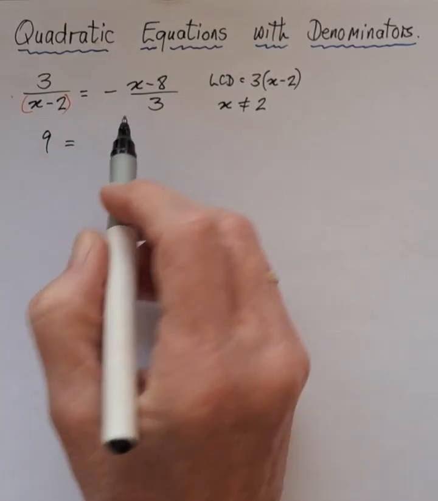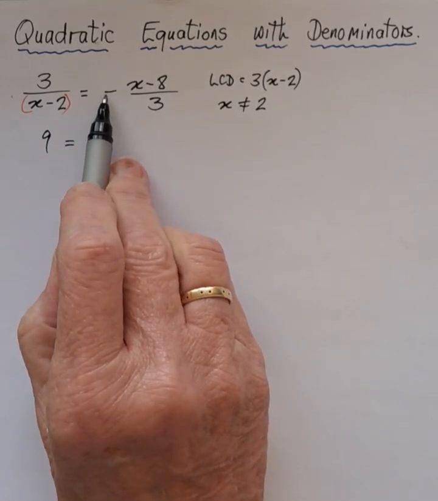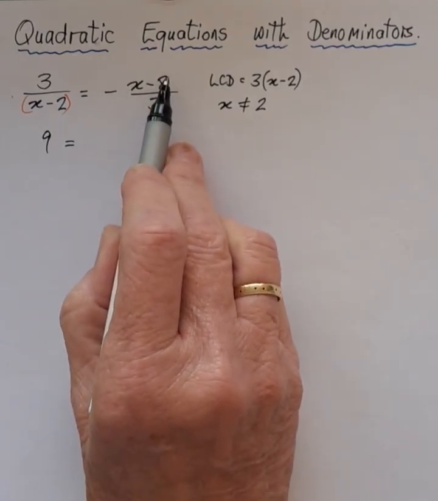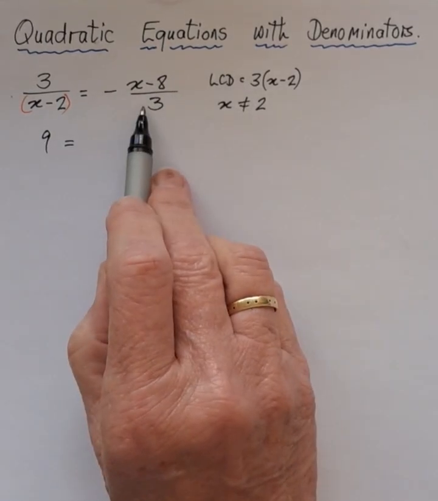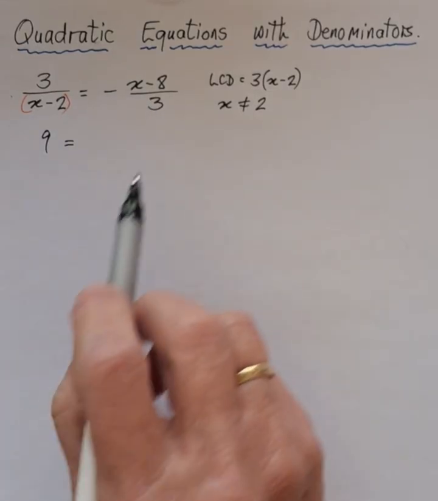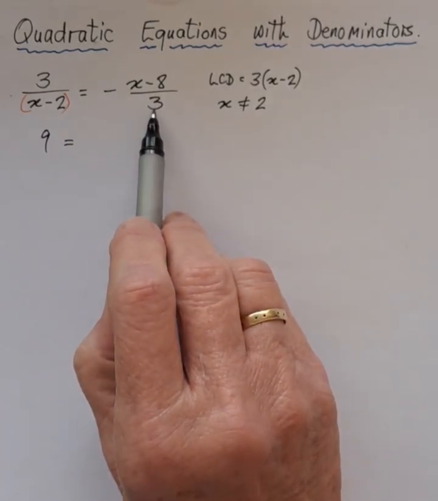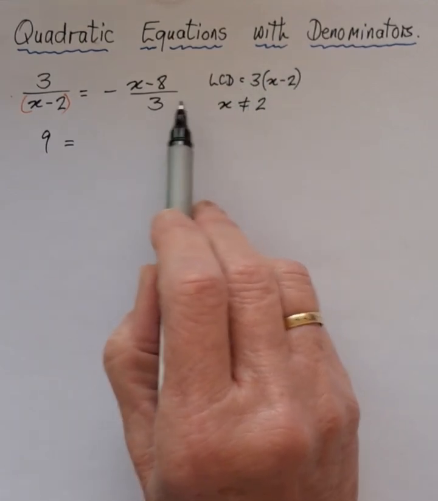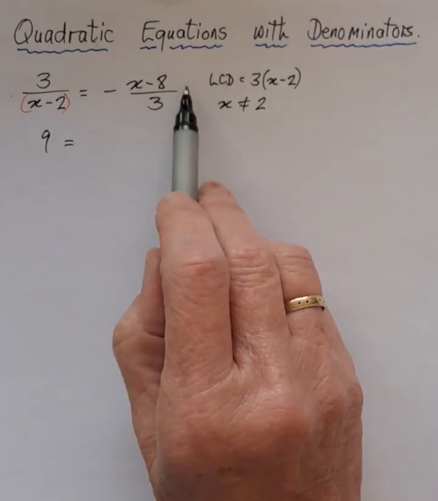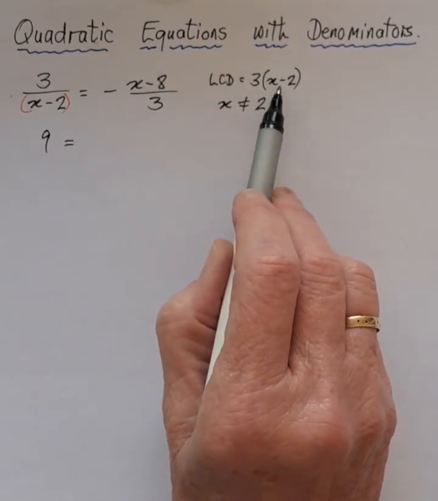Now we need to be very careful about this negative out here. This is saying that the whole fraction is negative. I've already made the 3 positive, so it means that the numerator is negative. But again, first of all, let's imagine that we're multiplying this fraction by the LCD. The 3's would cancel, and I'd be left with the bracket.